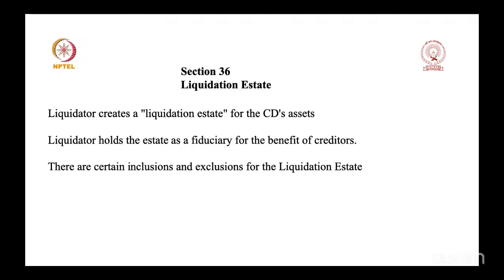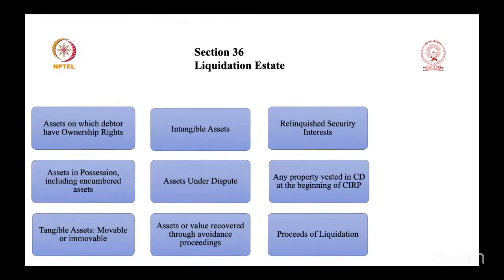So he is going to recover the money by selling these assets which are clearly identified as liquidation estate. Let's see what are the inclusions in liquidation estate and what are the exclusions.